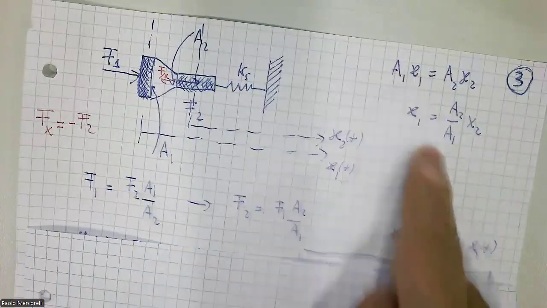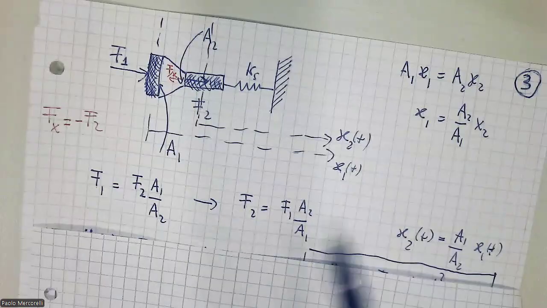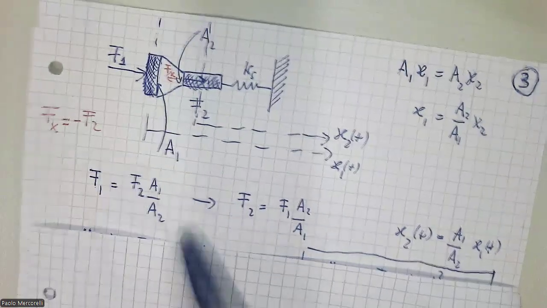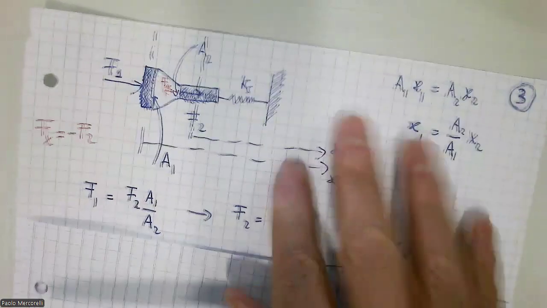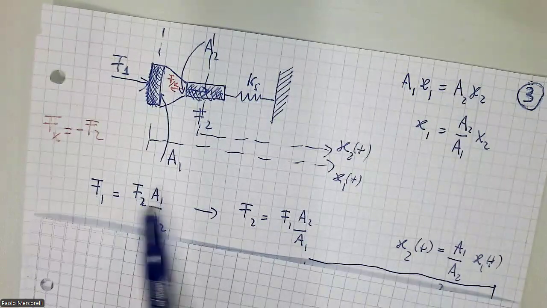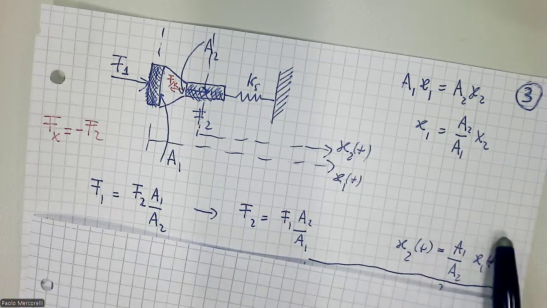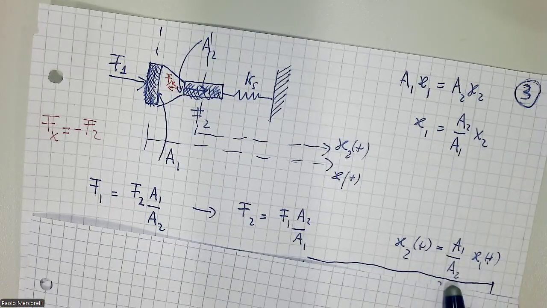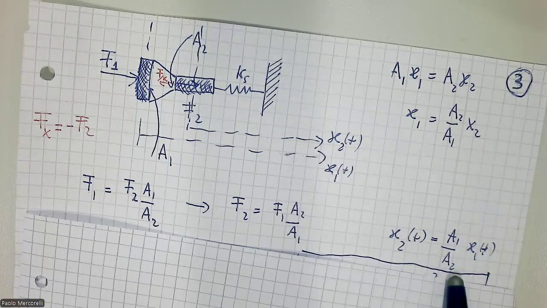This is the second equation, which came from the first one. In the datasheet you can find F1 divided by F2 equal A1 divided by A2, like here. I don't know if you can find this one, but you can find x2 divided by x1 equal A1 divided by A2.